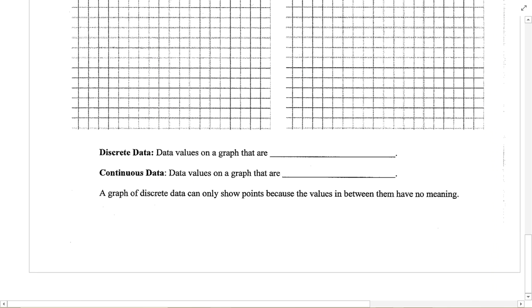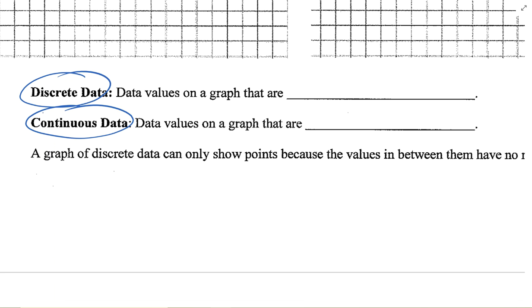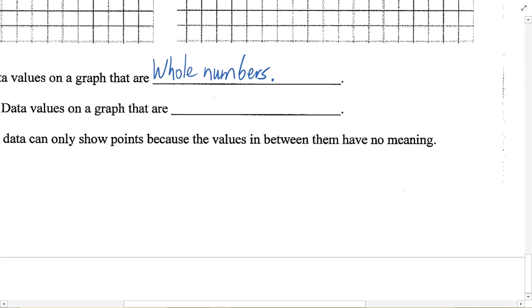Okay, so we have two types of data, discrete data and continuous data. What is discrete data? Well, discrete data's values on a graph are whole numbers. So with whole numbers, guess what? It doesn't make sense to have values in between, all right?